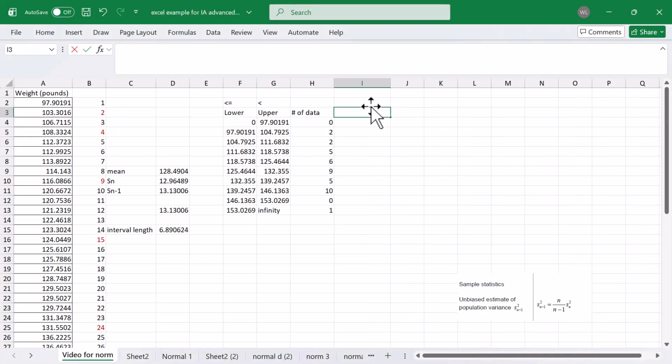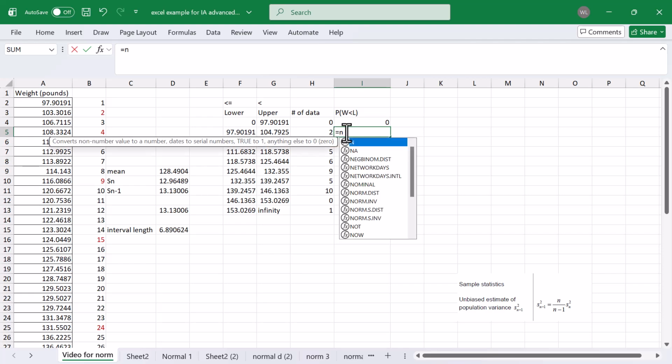Next step, let's work out the probability of weight less than lower bound. You will get 0 here. Less than 97.90. Put the equal sign. Go to normal distribution.